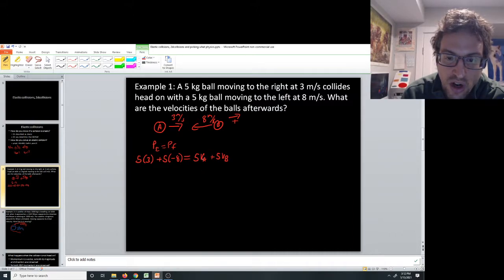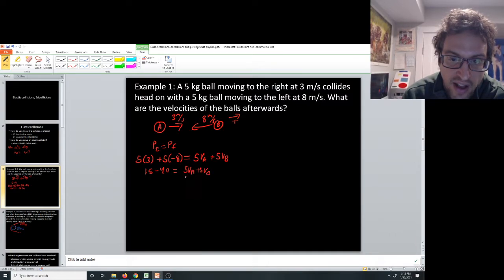We don't know what those are. These are actually the final velocities A and B, but we don't need the initial ones on the right because we already know them. This is 15 minus 40 equals 5 VA plus 5 VB. I can simplify even more by dividing by 5, and this is going to be negative 5 equals VA plus VB.